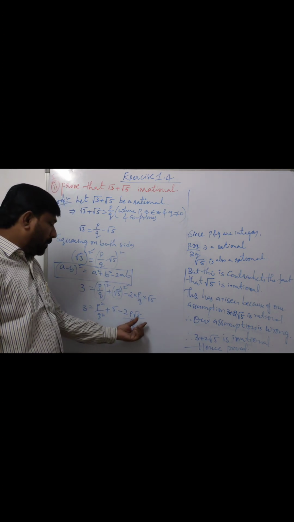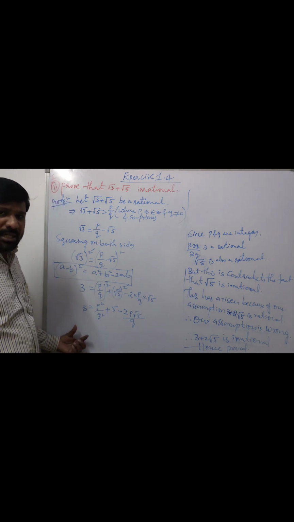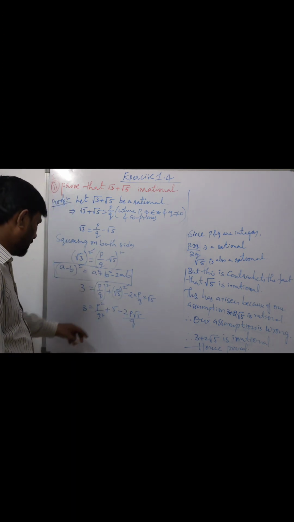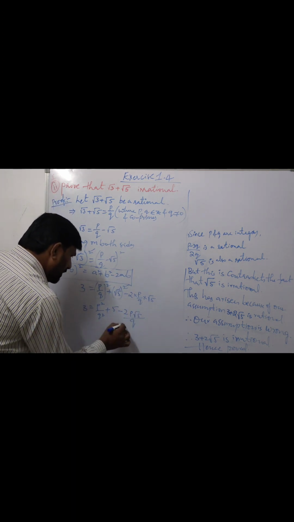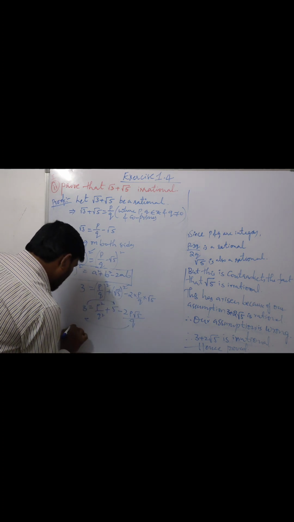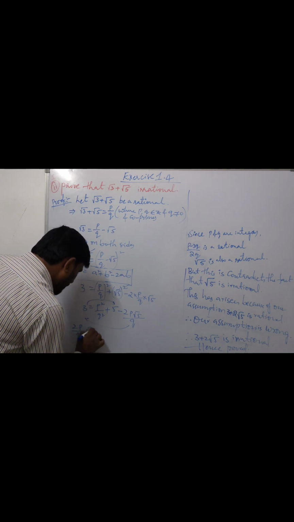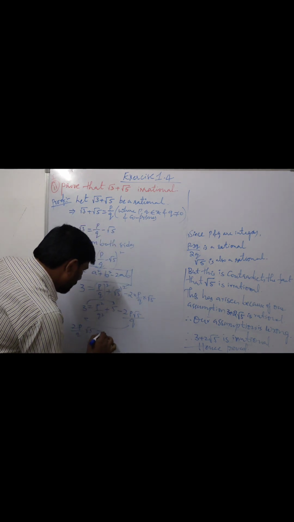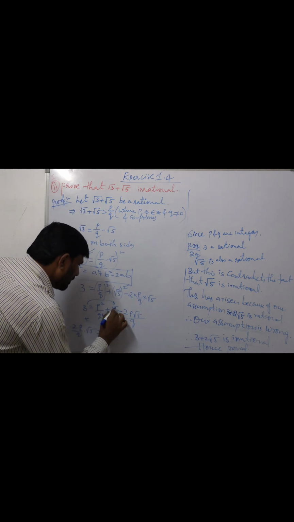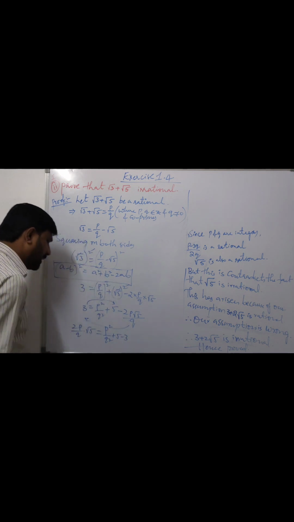You bring this to the LHS side, and you send this 3 to the RHS. Then it becomes plus 2p by q into root 5 is equal to p square by q square plus 5, which is already 8, and bringing the 3 over makes it minus 3.